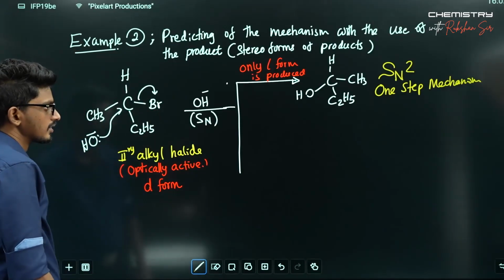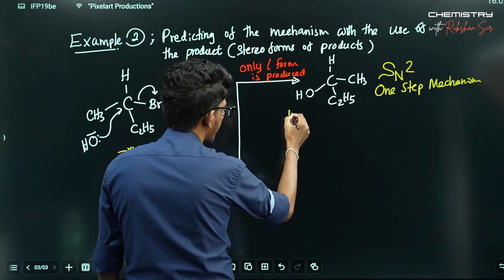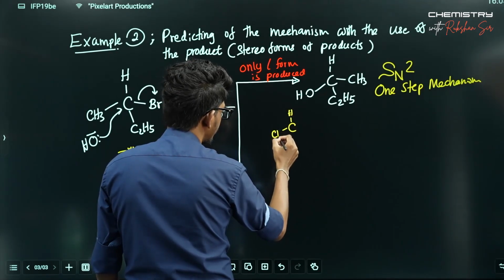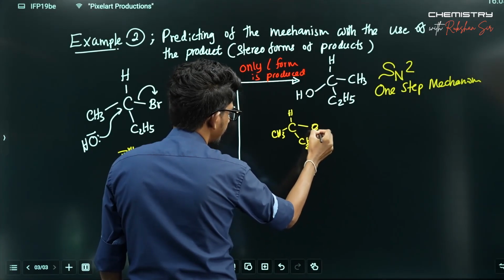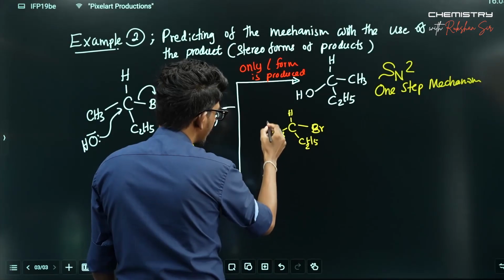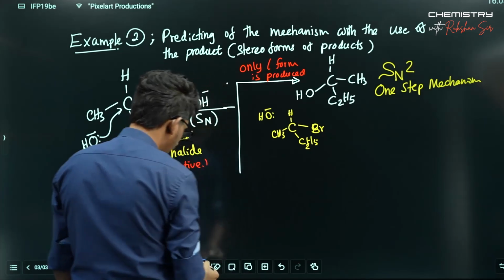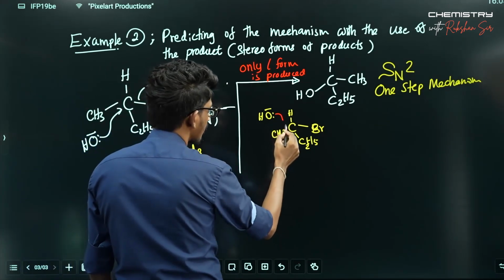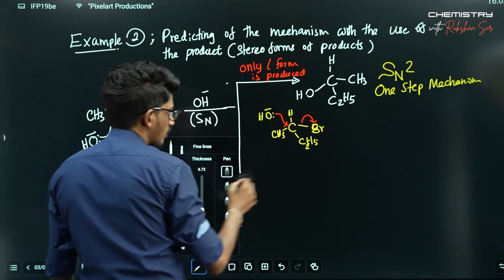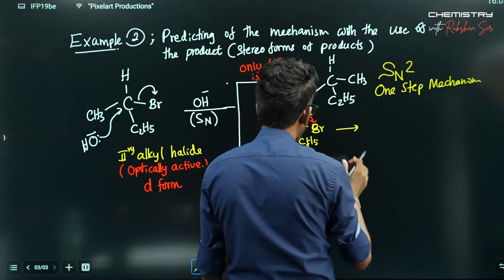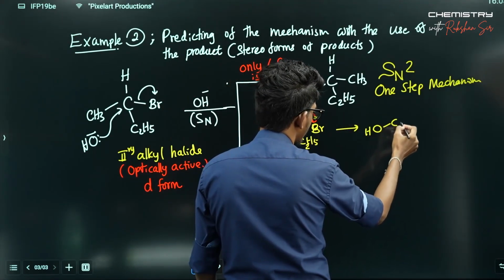So if you need the mechanism, you can copy this now. From the other side, the nucleophile will attack, so that OH will appear. If the Br appears at the right hand side, the OH will appear at the left hand side. That is how this thing is produced.